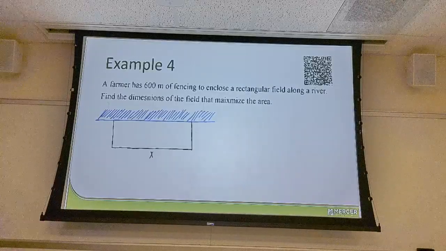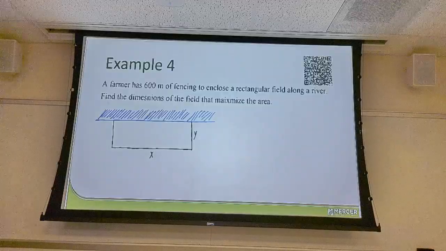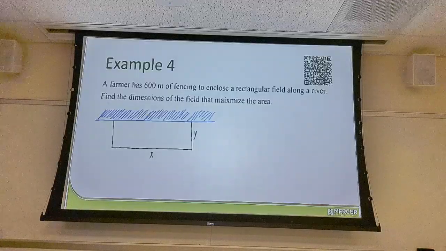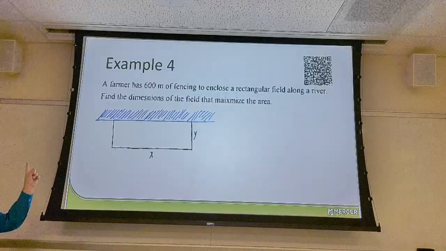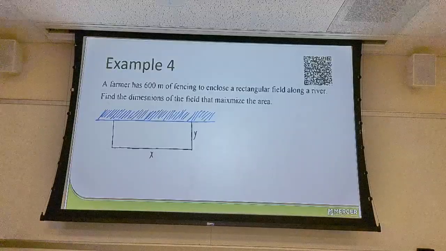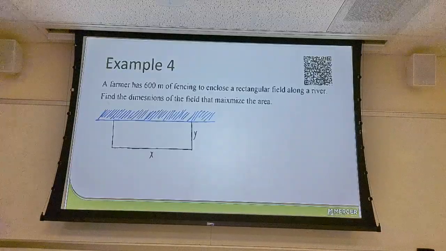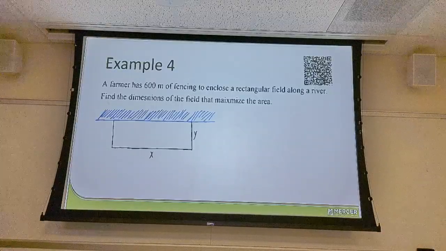Call that x, call that y. Do we need any fencing along the actual river itself? No, right? Now, we do know something.